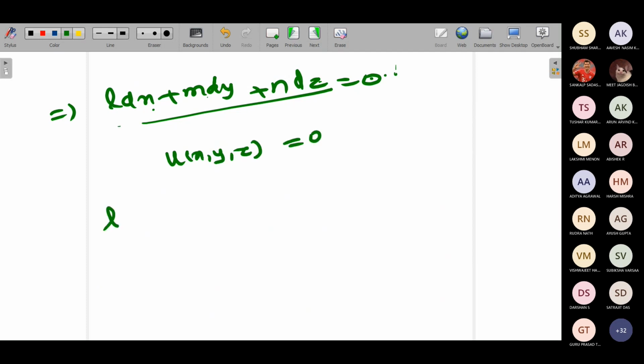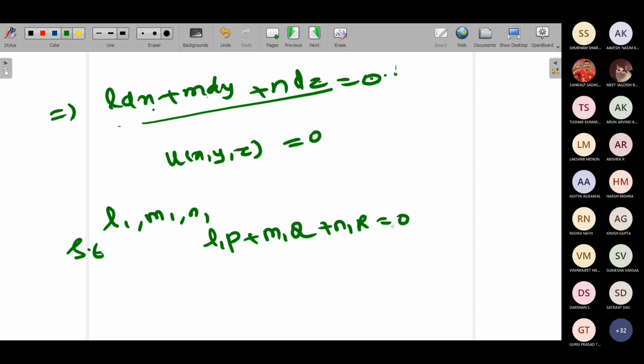Similarly, choose other multipliers L1, M1, N1 such that L1 into capital P plus M1 into capital Q plus N1 into capital R is equal to 0. In this case, this implies L1 dx plus M1 dy plus N1 dz is equal to 0.